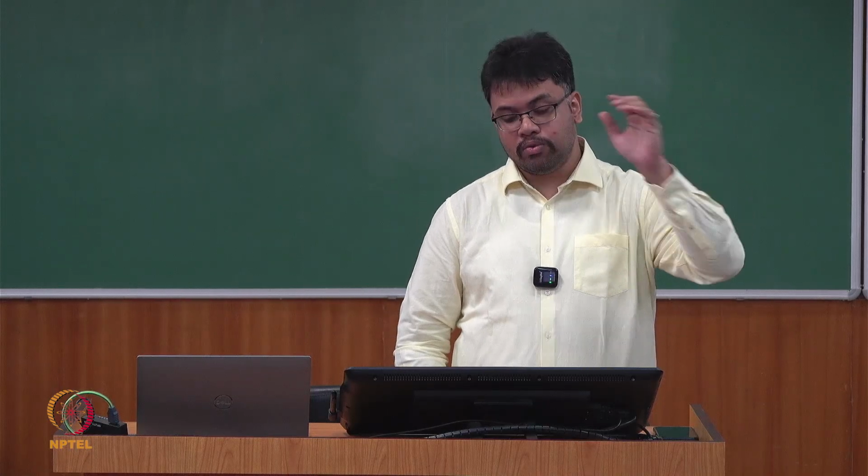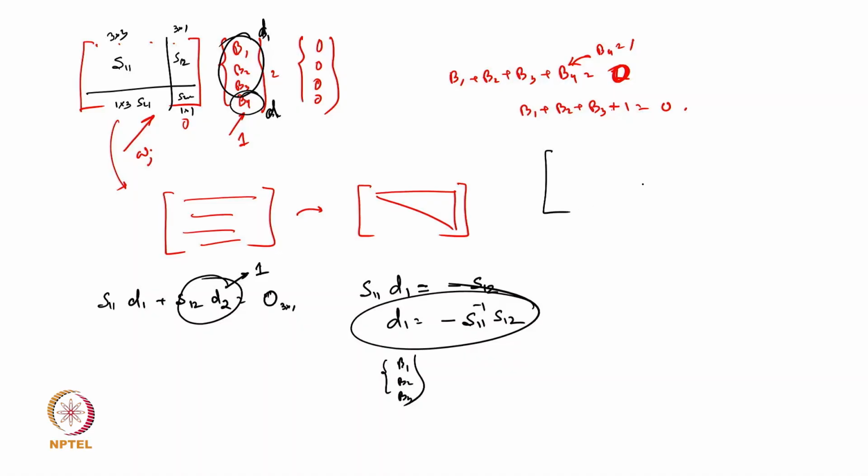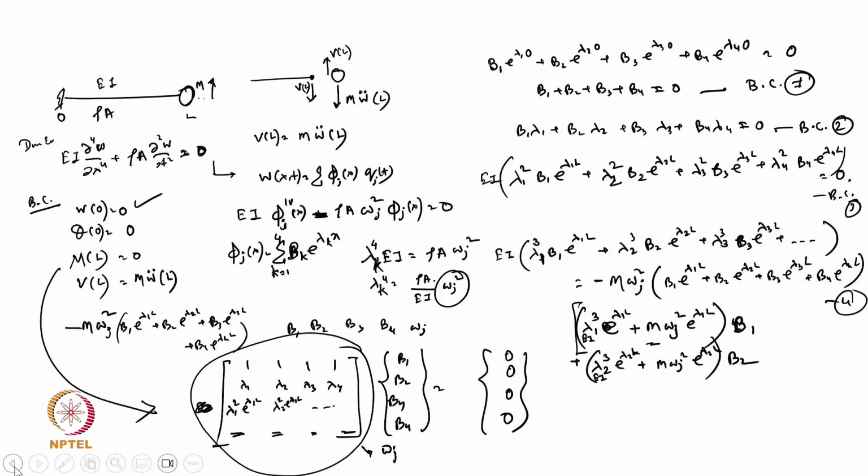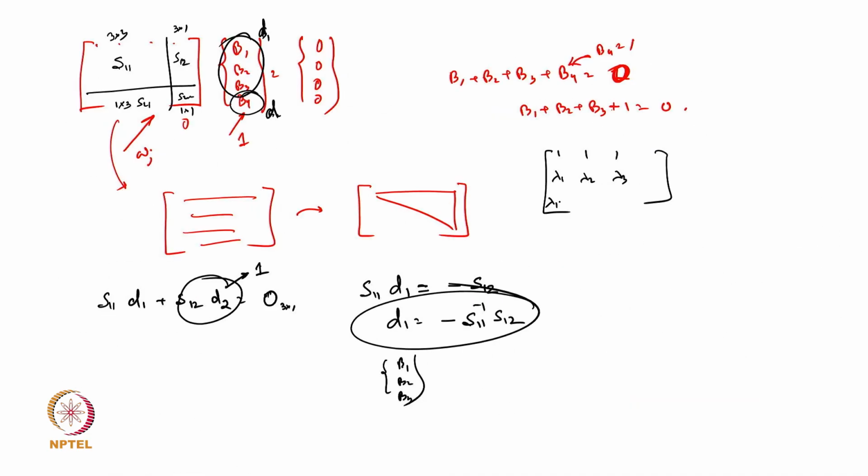And you have already substituted for the omega. So for example, if you see here, your first row will be 1, 1, 1, then lambda 1, lambda 2, lambda 3, then lambda 1 squared, and e to the power lambda 1 l, lambda 2 e to the power lambda 2 l, lambda 3 e to the power lambda 3 l.